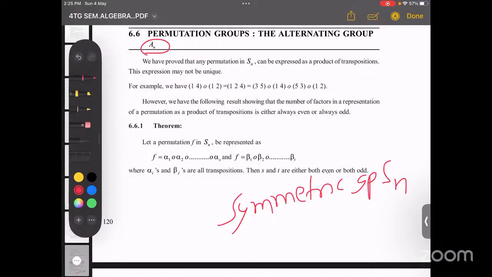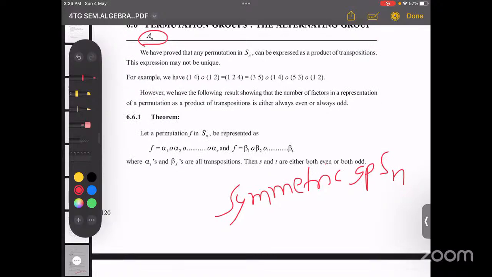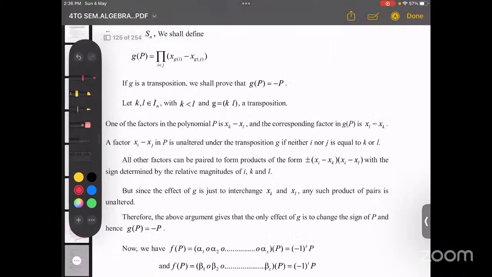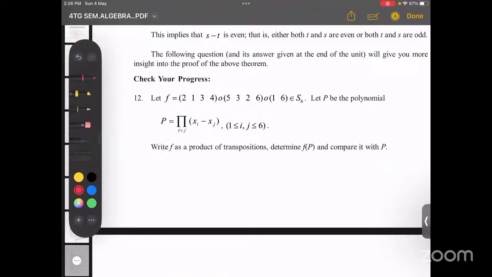Alternating group means An. So this is the definition we have. There is a theorem here, that a permutation f in Sn be represented as f and these. But the theorem is not important. You just have to know the definition of the alternating group.